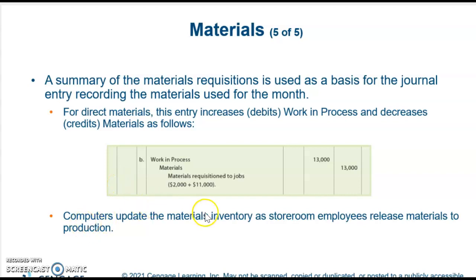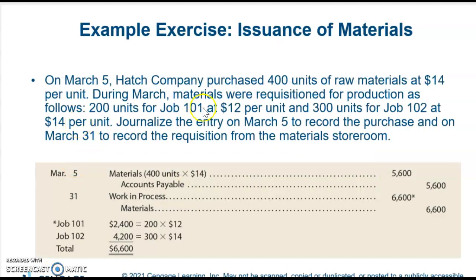So the computers update the materials inventory as storeroom employees release the materials into production. So it's no longer in materials, it's sitting in WIP. So here it says Hatch Company purchased 400 units of raw materials at $14 per unit.